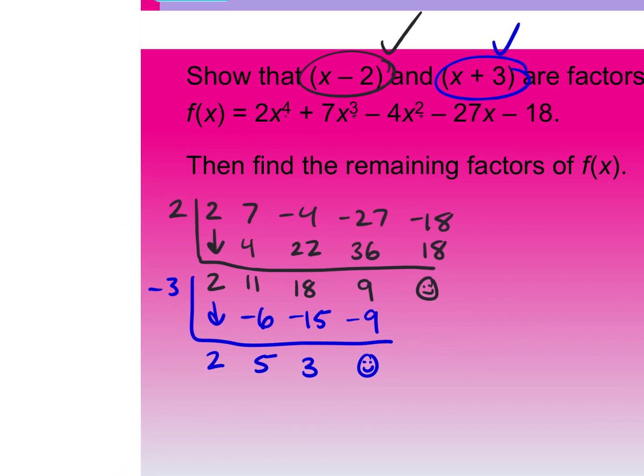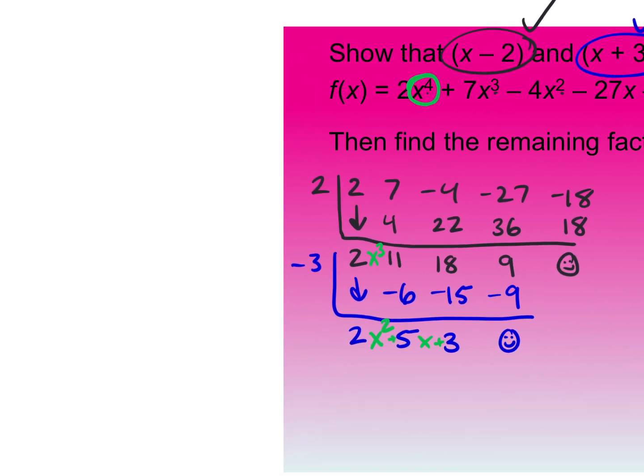Now it asks to find the remaining factors. So I'm going to use my answer to find the remaining factors. If I started with x to the fourth power, when I divided the first time, this would be x to the third power. When I divide it again, now this would be x squared. We have 2x squared plus 5x plus 3.